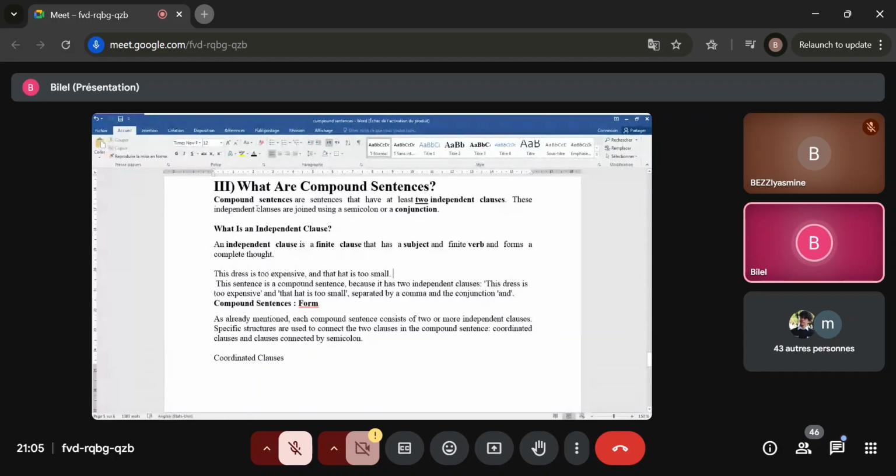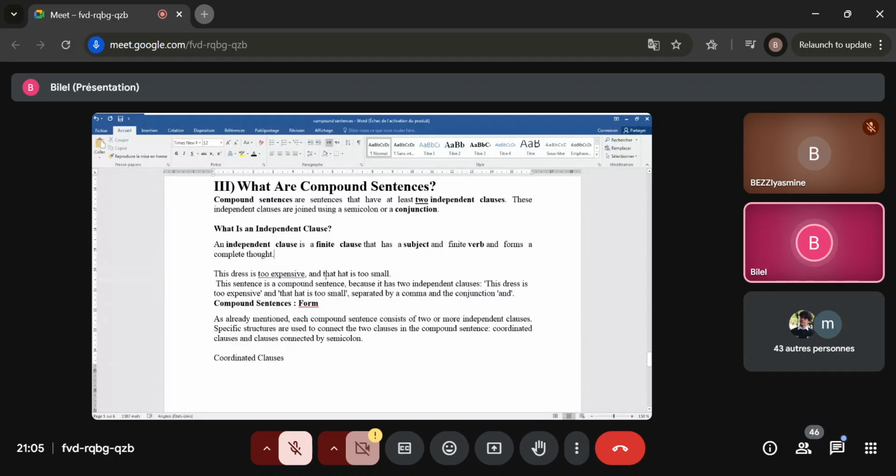We said that a compound sentence has two independent clauses. The first one, as you can see, is: this dress is too expensive. This dress is the subject, the verb is too expensive.